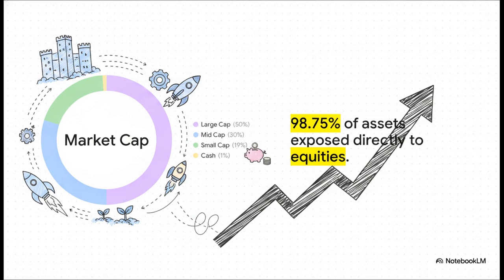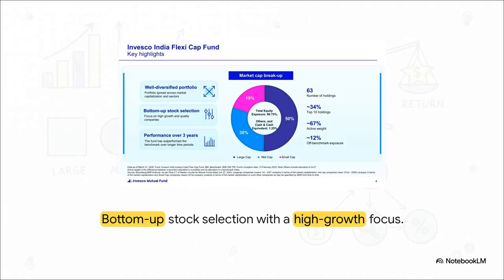This tells a very deliberate story. They're essentially anchoring half the portfolio in the relative stability of those big, established companies, while dedicating nearly the other half, 49% combined, to the higher growth, way more aggressive mid and small cap sectors. And this brilliantly illustrates their strategy. The fund boasts an active share of 73.52%. Now, what does that actually mean for you?